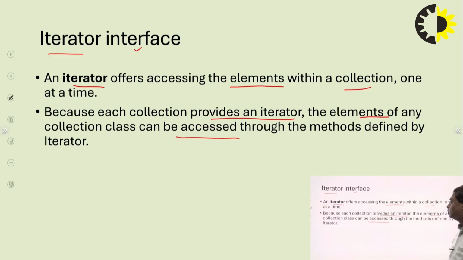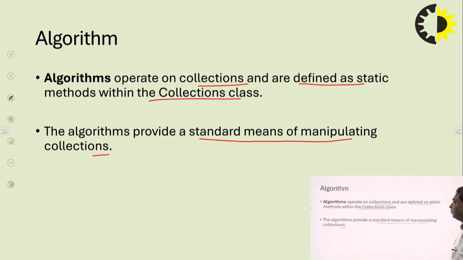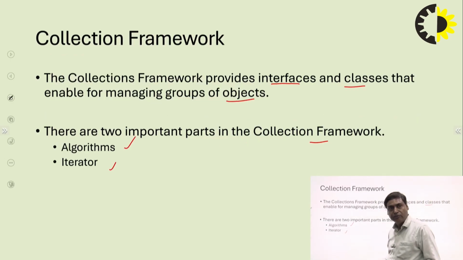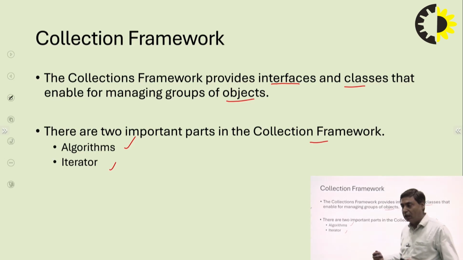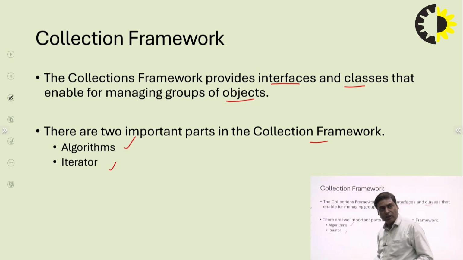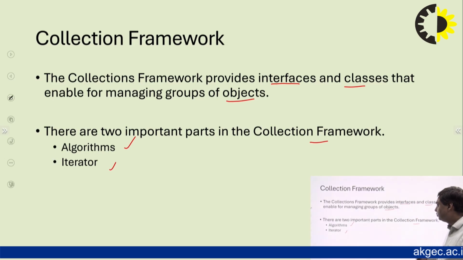So, the beauty of the collection framework is that it has algorithms, predefined methods or functions which are available to work on the data, or objects. Similarly, it has the iterator also. So, you can move through each object one at a time. It is a very easy approach.